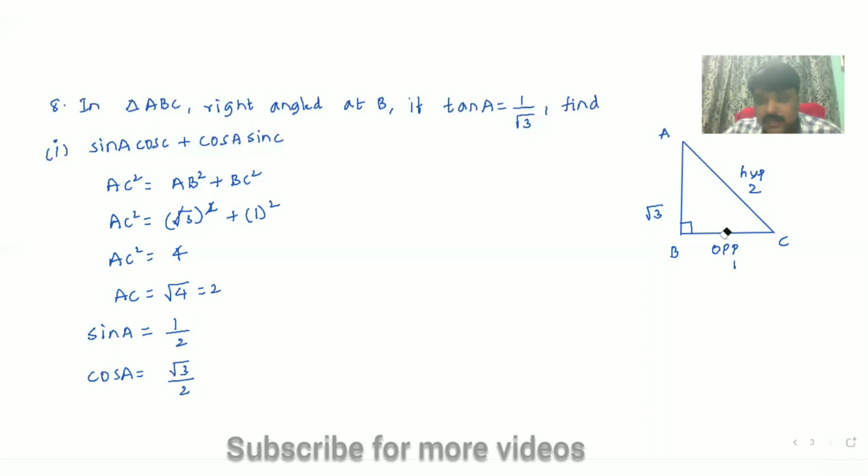Now, let us find the values for C. For C, this becomes opposite and this becomes adjacent. Hence, sin C equals opposite by hypotenuse, cos C equals adjacent by hypotenuse.